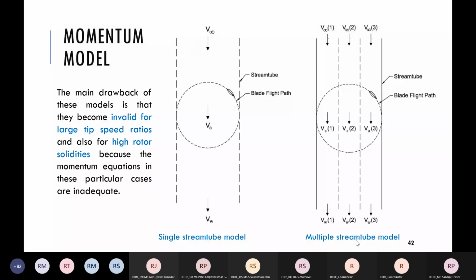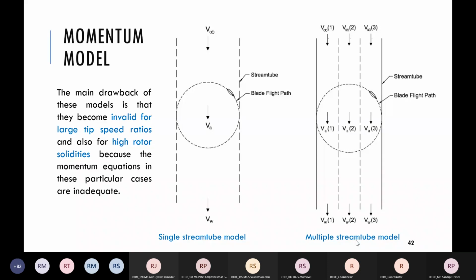The blade element momentum theorem is applied in every stream tube individually. But here only lift force calculation is done for the induced velocity.